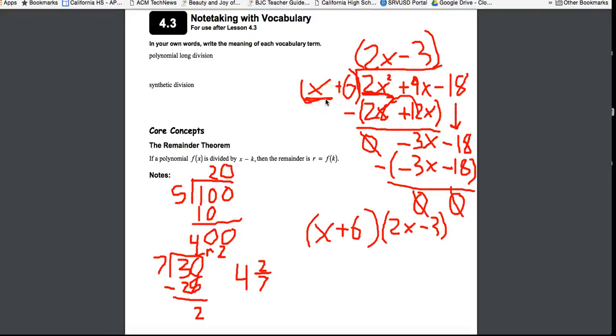When we're doing our long division, we're always trying to think about what number I need to multiply my first term by to get the first term that we're looking at in each part of our process here. Here we looked at what number we need to multiply x by to get 2x squared. Well, that's how we got 2x. What number do we need to multiply x by to get negative 3x? Well, that's how we got minus 3 here.